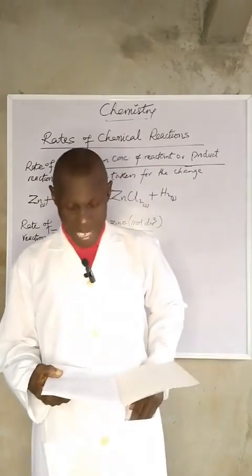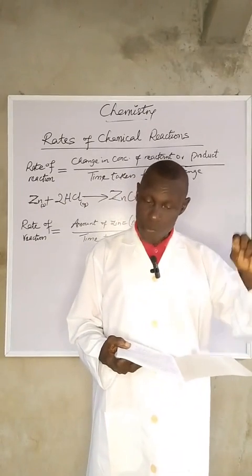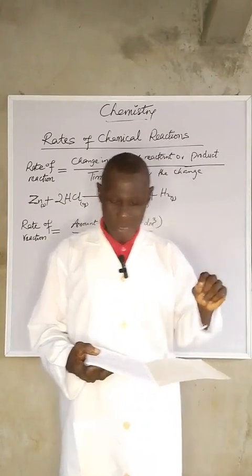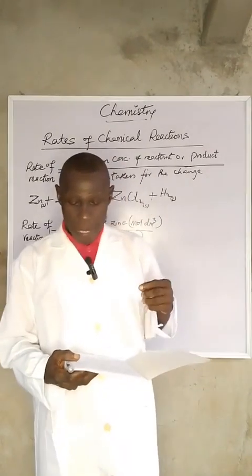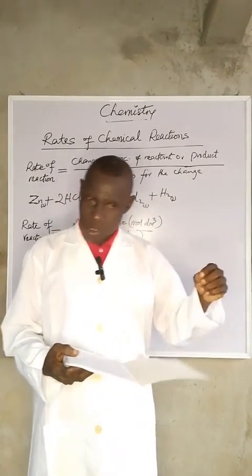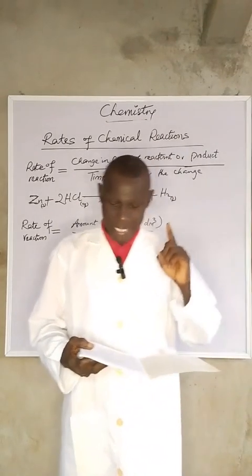The rate of a chemical reaction is the number of moles of reactants converted or the number of moles of product formed per unit time. Take it again.